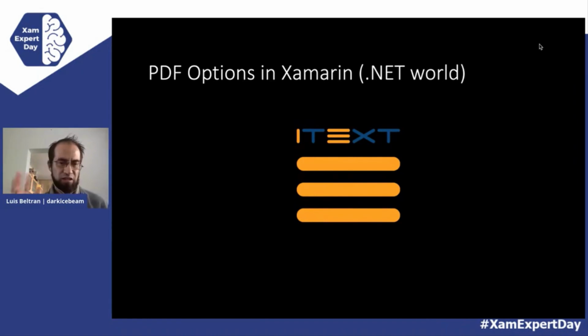But usually, the most common way to present information to the user, for example as an external file, is PDF. And in the .NET world, we have heard about a library, iTextSharp. You can also use it with Xamarin, but did you know that iTextSharp is not free to use?